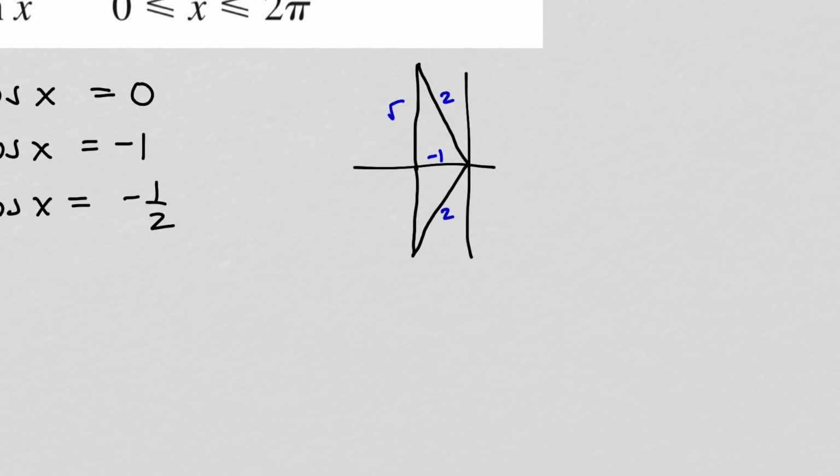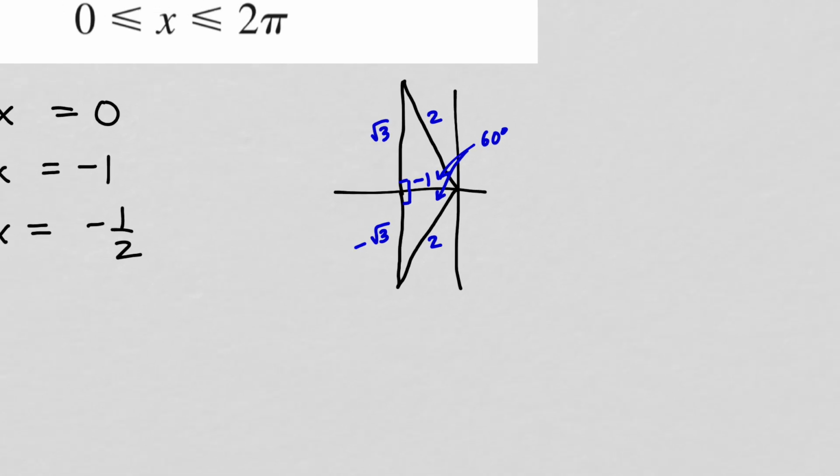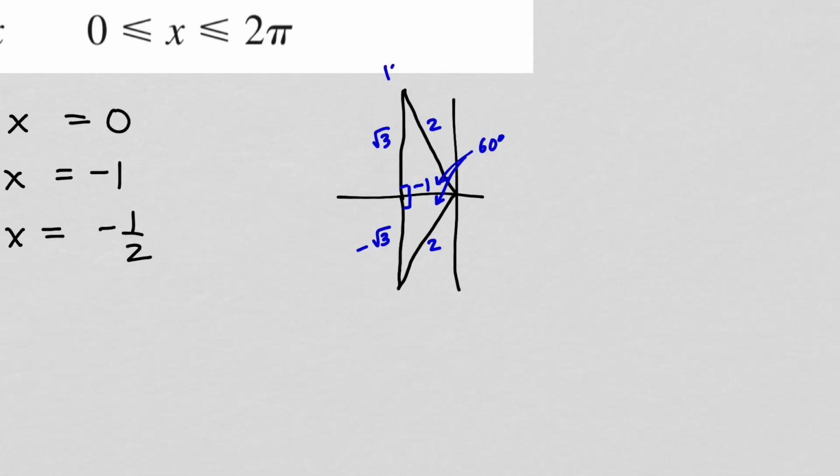And that means the missing side here is radical 3 and negative radical 3, because we should recognize that this is a 30, 60, 90 triangle. Furthermore, we know that this angle here is 60 degrees, as is this angle here, which means my two angles in degrees are 120 degrees and 240 degrees.